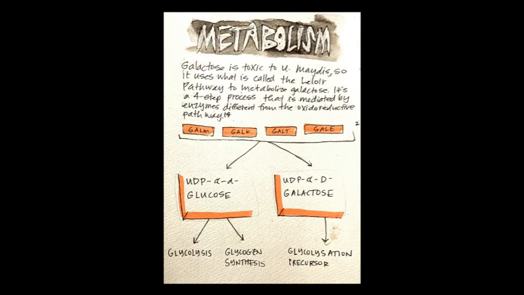It's those GAL enzymes below, which can then lead to two different products, either a new glucose or a new galactose. And if it's the glucose, it will either be used for glycolysis or glycogen synthesis based on the needs at the time. If it is the galactose, it will be used as a precursor for glycolysis.